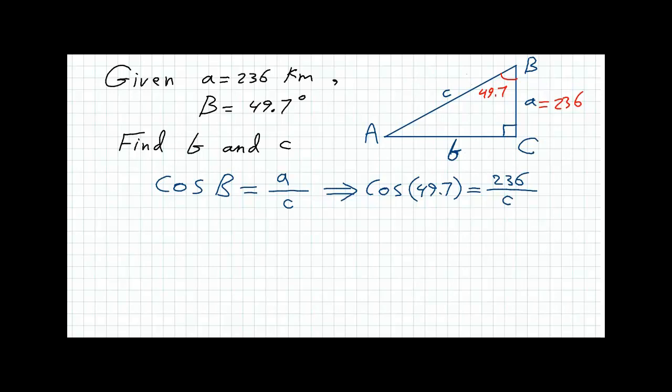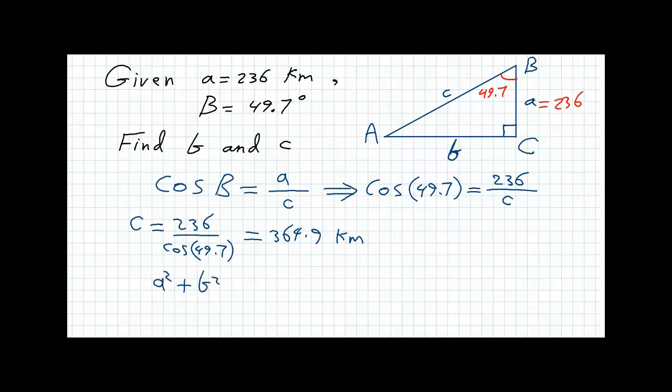So c is equal to 236 divided by cosine 49.7, and this results in 364.9 kilometers. Now, using the Pythagorean theorem again, a squared plus b squared equals c squared.